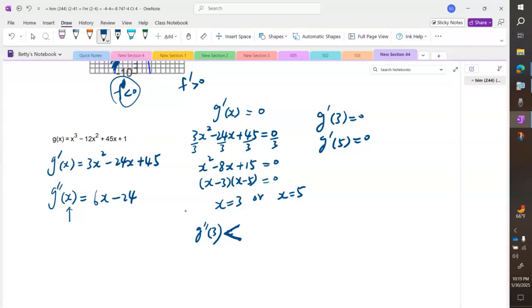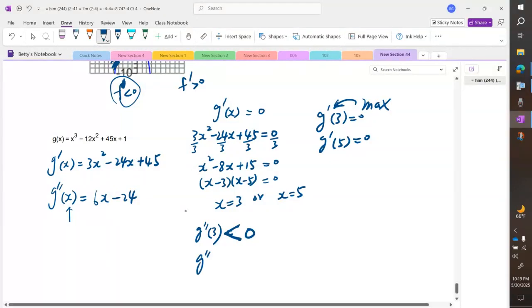I don't really care about the value, I know it is negative, and that's enough. Since the second derivative is less than 0, that means concave down. This is the maximum, okay? On your scratch paper, you note that the function has a relative maximum at 3.